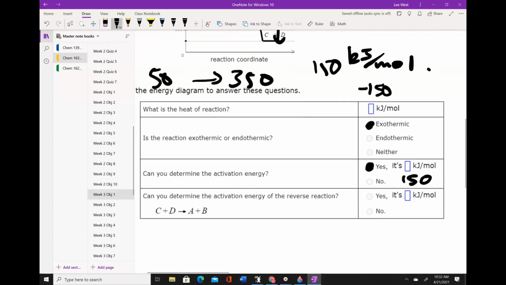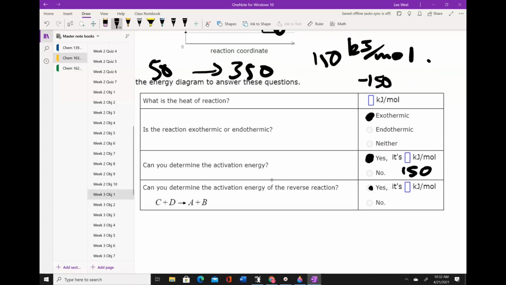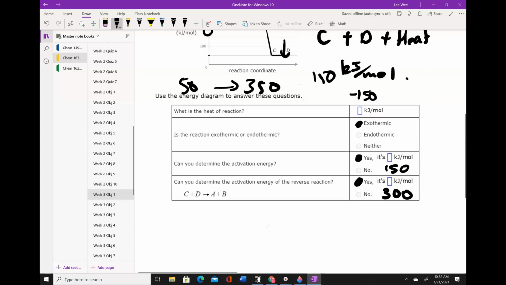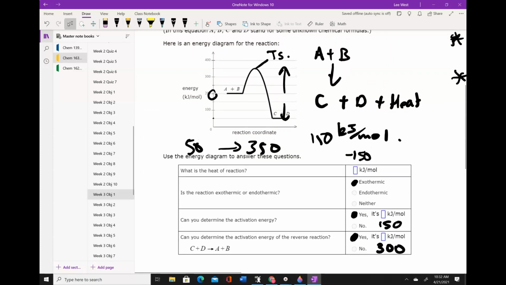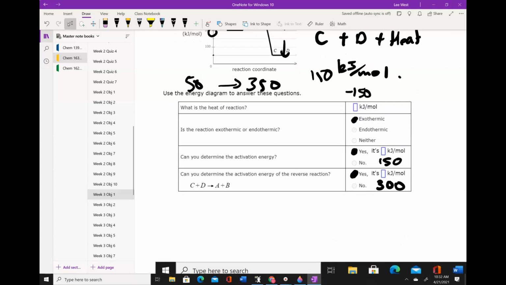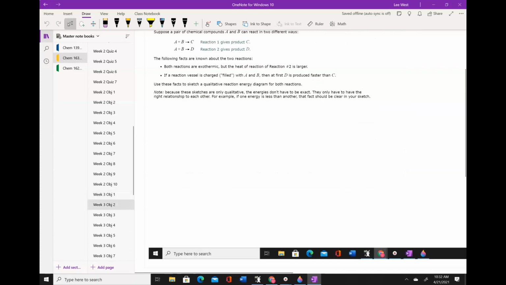Hopefully you agree that that is 300. So what does this really mean for us? Well, the lower the activation energy, the faster the reaction. So this means that the forward reaction will be quicker than the reverse reaction. Okay, so that's kind of interesting.